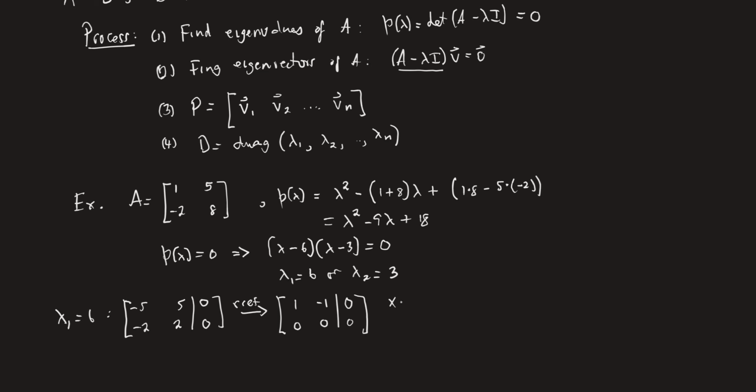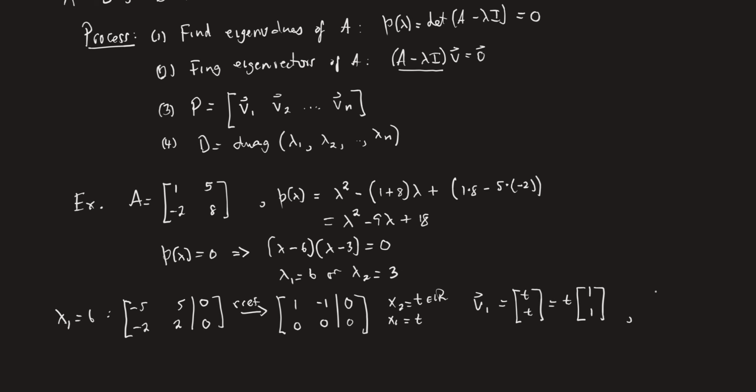So we can say that our x2 can be our free variable, and then x1, in this case, is also going to be t. So here is our v1. It's any non-zero vector of this form. If we take out the t, then we can use the vector 1, 1 as a basis for all the eigenvectors that correspond to lambda equals 6.